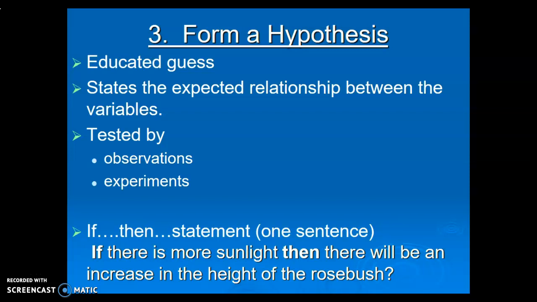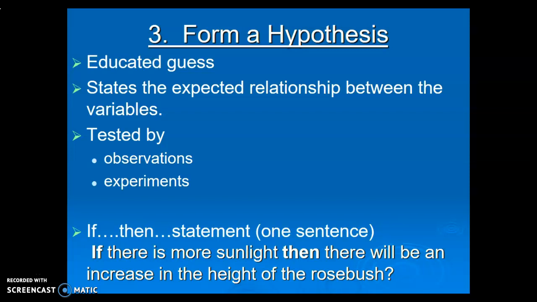After we've done that, we are going to form a hypothesis. Now, a hypothesis is an educated guess, and that's going to state what you expect to happen. And it's going to state the relationship between those two variables that we're going to test through observations and experiments.